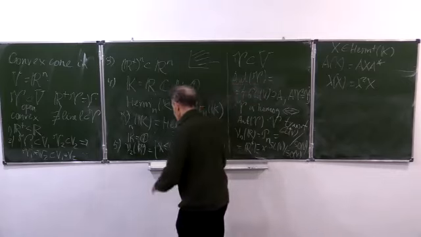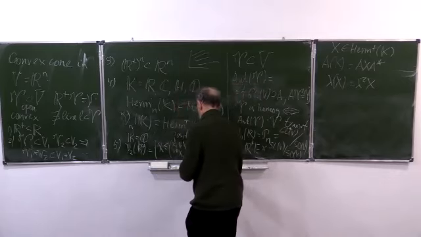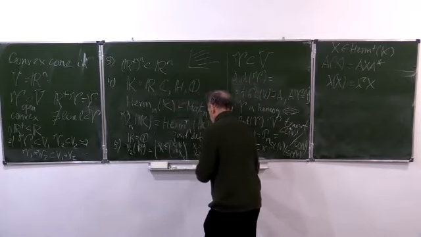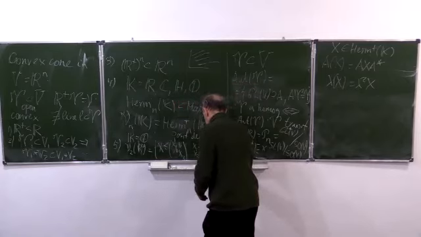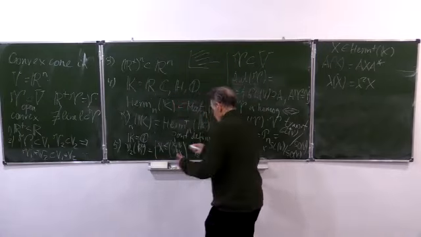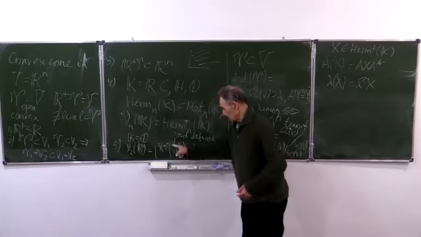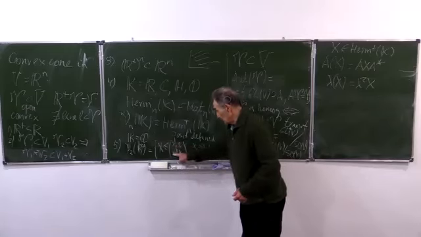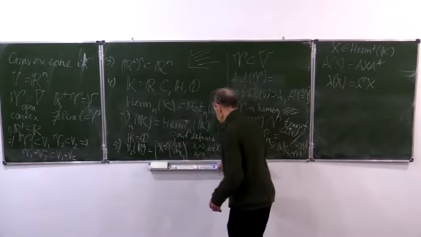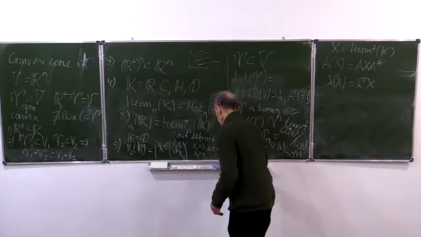Sorry, this is not a cone. No, it will be a cone. Then, if it is a cone, we need the extra condition that the determinant of this X, which obviously is defined by X1, X2, is the product of the numbers minus the scalar product of V with V star. So it is well defined. The determinant of X must be positive.